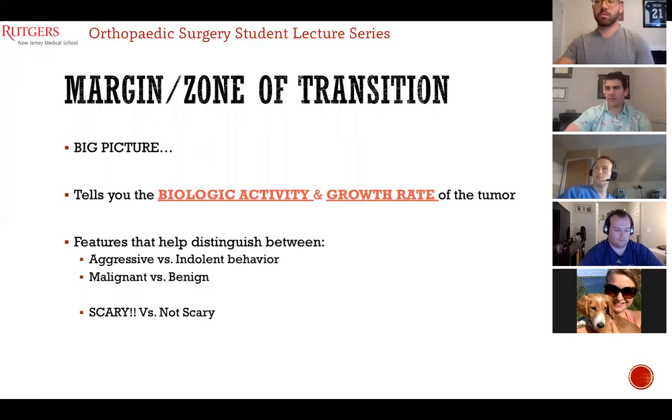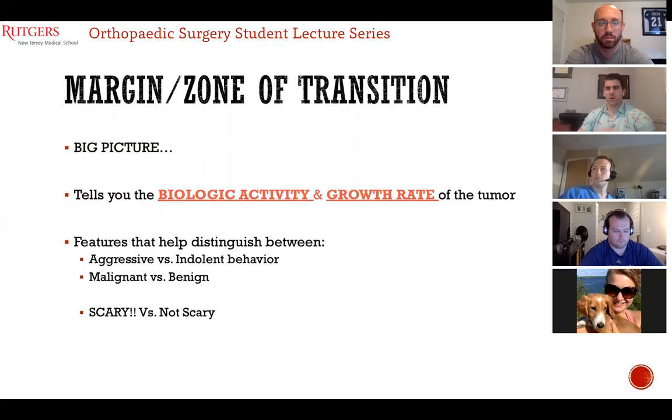So, big picture, the zone of transition, how wide or how narrow it is, often tells us the biologic activity and the growth rate of the tumor. If you have something with a more narrow, well-defined margin of transition, this has less biologic activity, a lower growth rate, a less aggressive appearance.